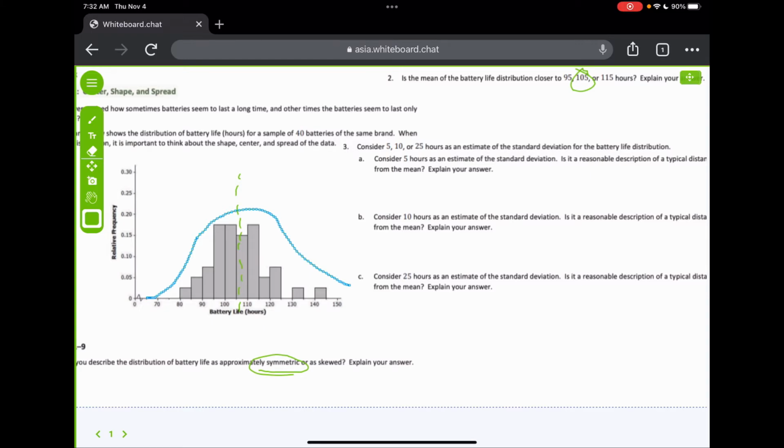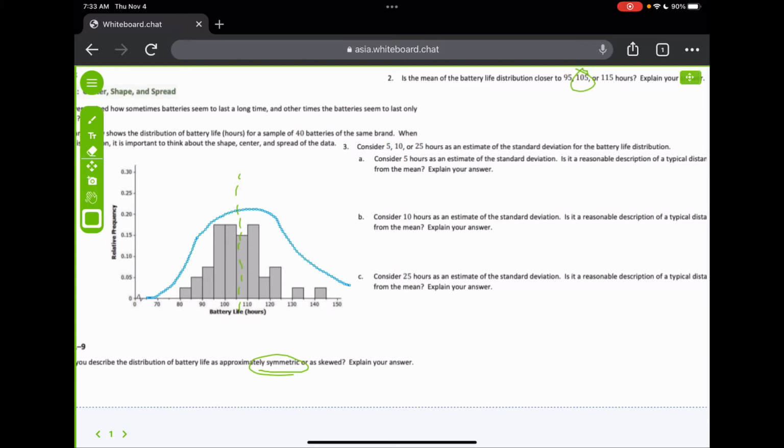So it's probably going to be around 105. Now, we know how to find the mean, add them all up, divide by however many we added up. So you could actually figure it out, but I'm just going to look at the shape and look at the data, and we can decide from there.